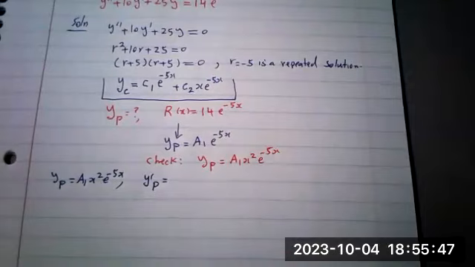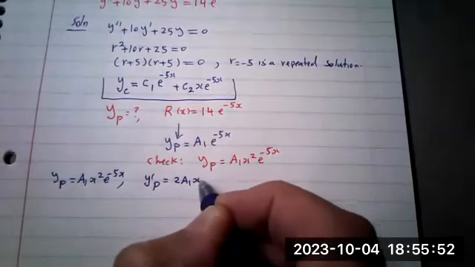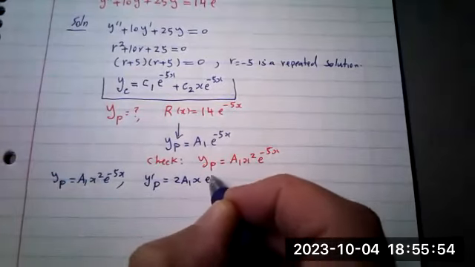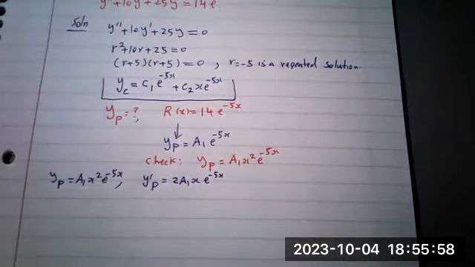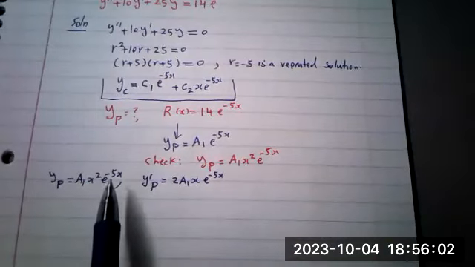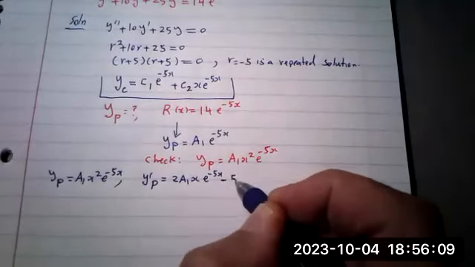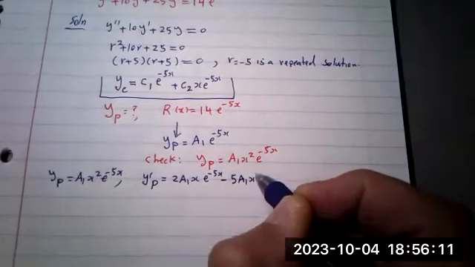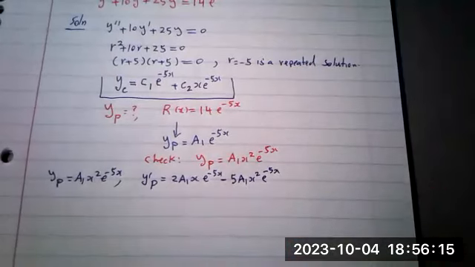So the derivative of the first one would be 2a1x times the second one, e to the negative 5x. That's the derivative of the first times second. Now plus the second times first. The second is exponential, and an exponential function never changes. Your prime would be negative 5. So it's going to be minus 5 a1 x squared e to the negative 5x. So that would be y prime.